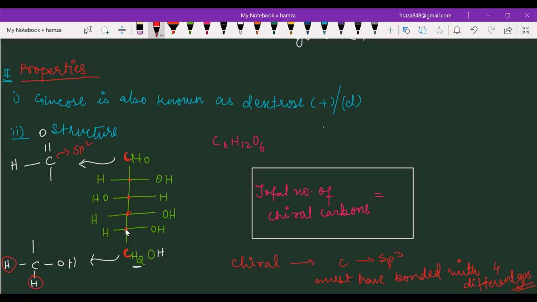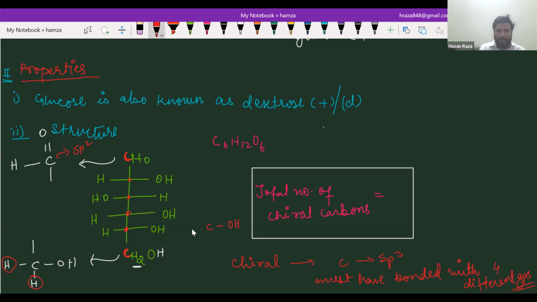Yes, sir. Now on this carbon, you can see CHO and then H and then CH2OH and then again a whole different part. Are you getting my point? This OH is different. This CH2OH is different. This H is different. And after this vertical line, you can see a different part.